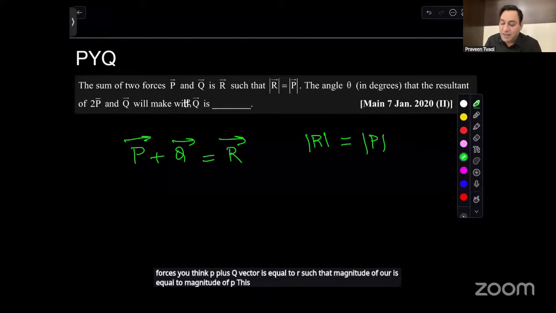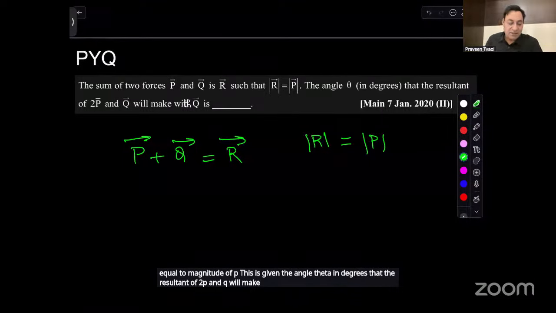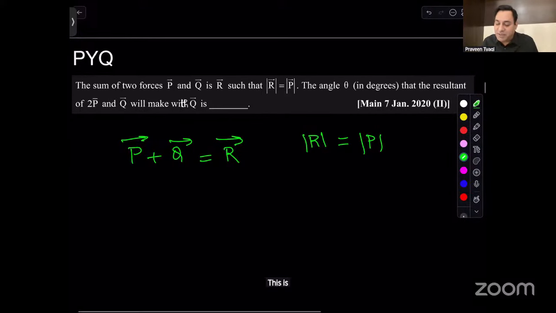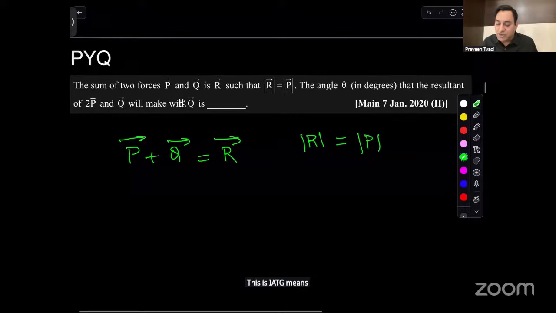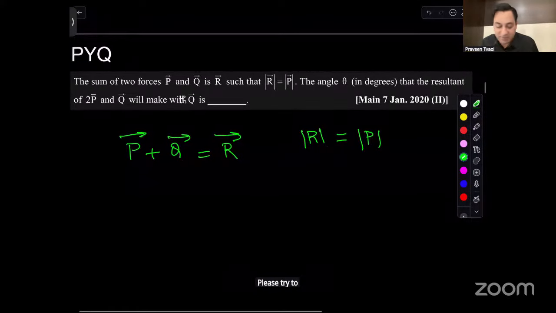The angle theta in degrees that the resultant of 2P and Q will make with Q is, please try to answer this question. This is an IIT JEE Mains question from 2020.